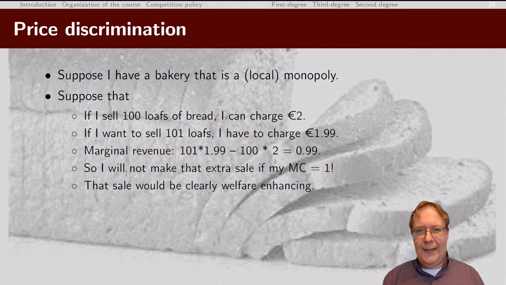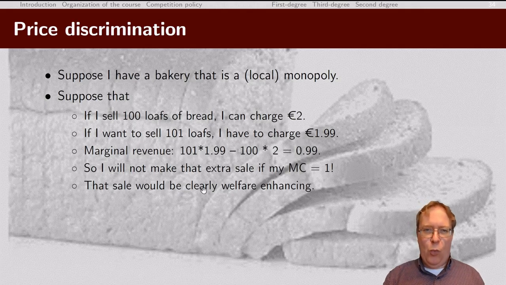But that implies that I will not make that extra sale if my marginal costs are 1. After all, my marginal revenue would be lower than my marginal cost, which implies that making that last sale is just not worthwhile to me. The additional costs do not outweigh the additional revenue.